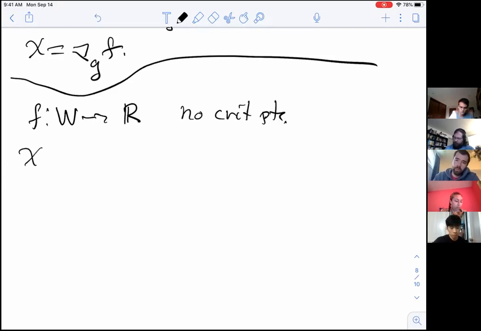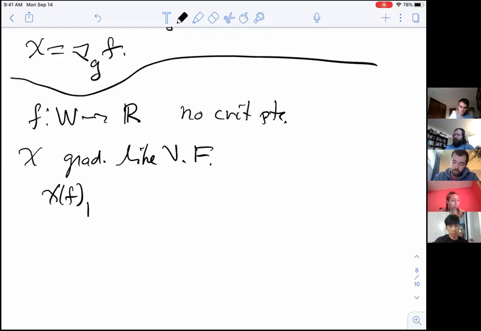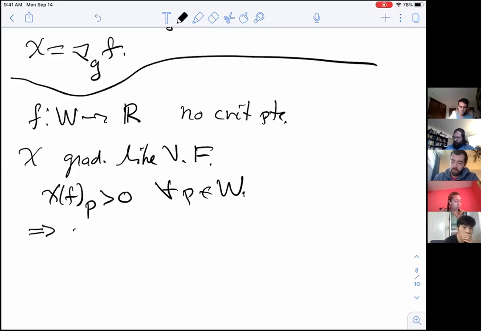We choose chi, a gradient-like vector field. The first thing to notice is that chi F at P is positive for all P in W, since F has no critical points. But W is compact, that means chi F is bounded away from zero.